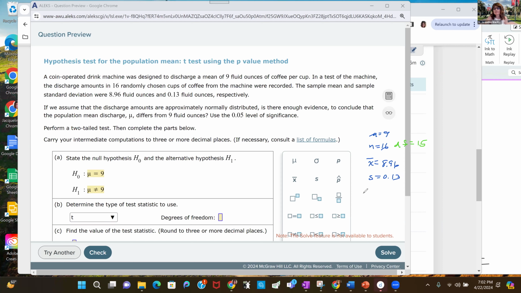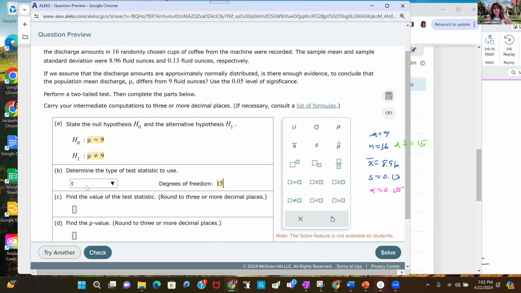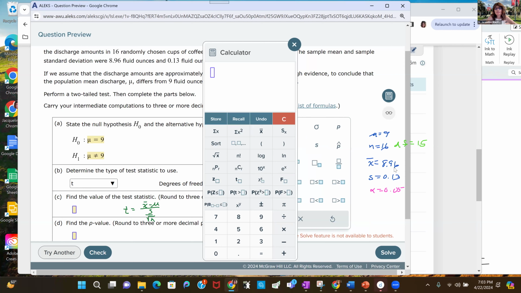And alpha is 0.05. Okay, so we have a t-test with 15 degrees of freedom. We're going to calculate the test statistic using that formula. So we just plug in the numbers.